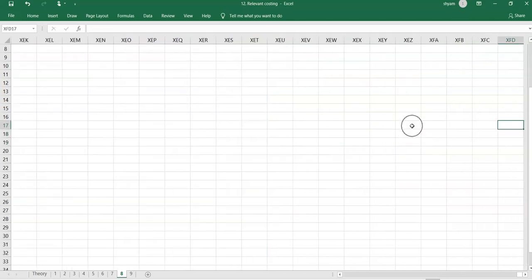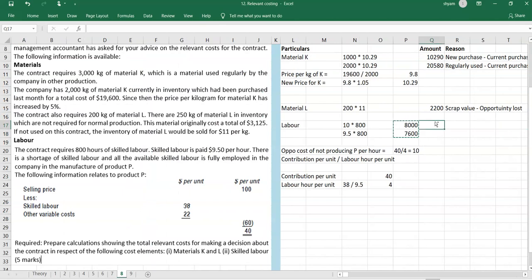I think we'll take this to, okay, we'll find out the relevant cost of order.